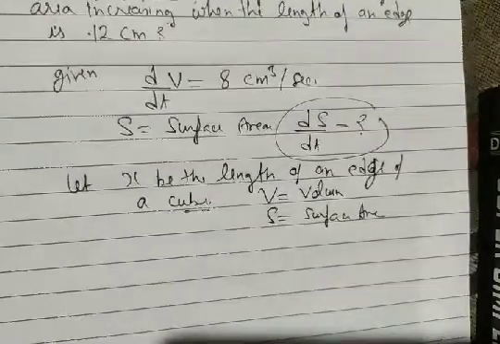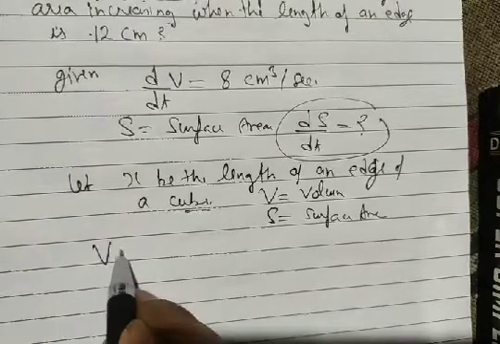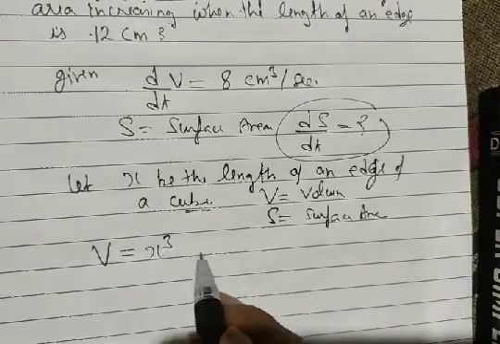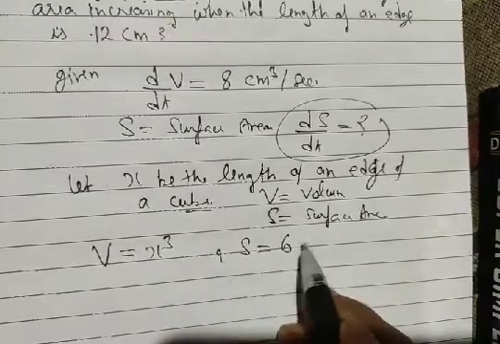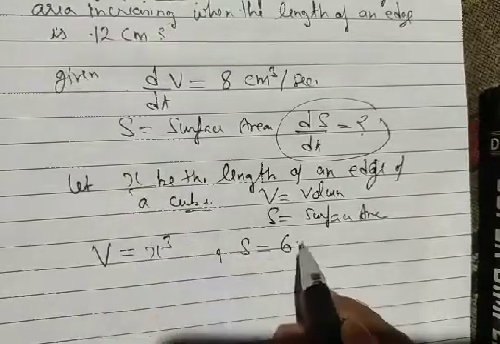Now, what is the volume of a cube? V is equal to x cubed. What is the surface area of a cube? It's 6 into side squared, and our side is x.